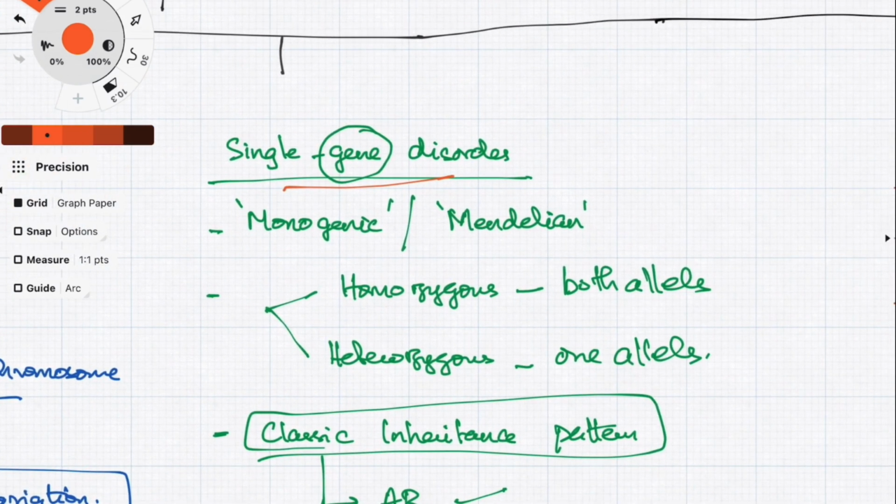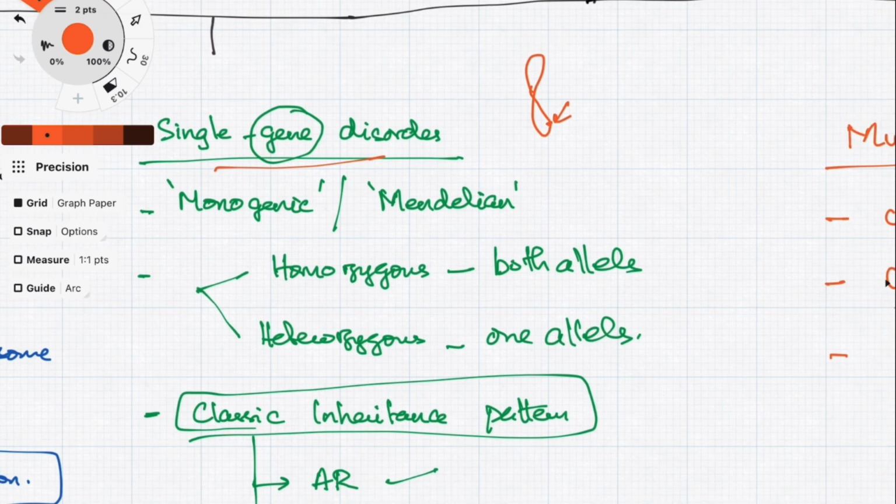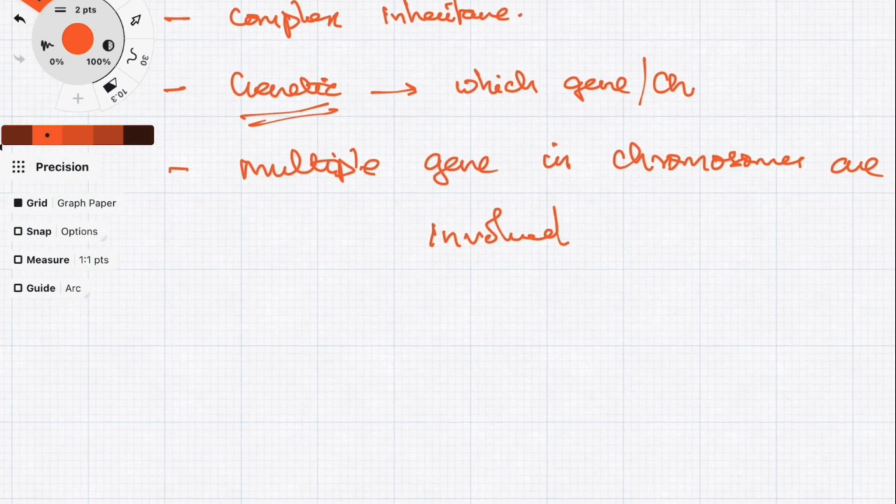Now in single gene disorder, you have a chromosome and one single gene is being affected. But here you have one chromosome and another chromosome and a third chromosome, and multiple genes from each of these chromosomes would be affected.